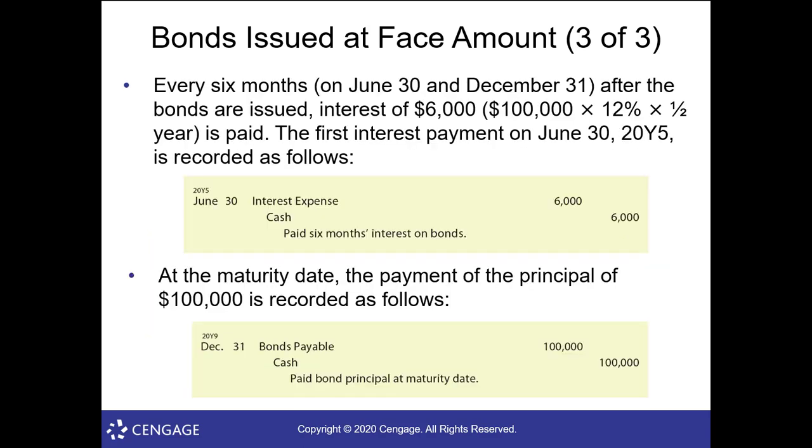Then on June 30, when they pay the interest, $100,000 times 12% is $12,000 annually. Half of that is $6,000. So every June 30th and December 31st, you're going to book a debit to interest expense and a credit to cash. And then at the end of the 5 years in 2019, you'll finally retire the bond by issuing checks for $100,000.